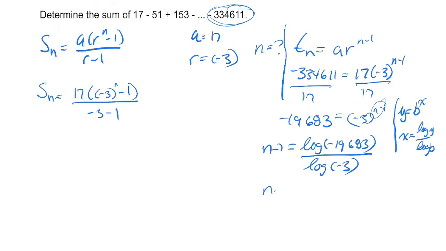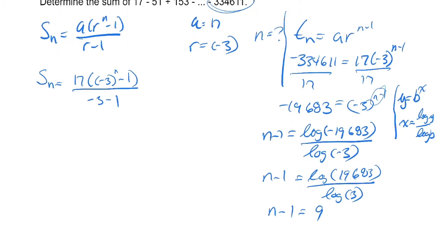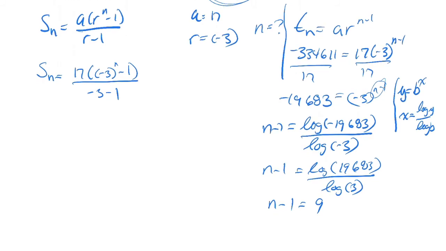So n minus 1 is going to be the log of 19,683 all over the log of 3. Plugging that into the calculator, we get n minus 1 is equal to 9. You must get an integer answer. If you did not get an integer answer, then something went wrong. Adding 1 to both sides, we know that n is 10.